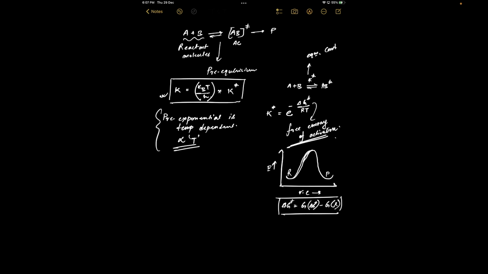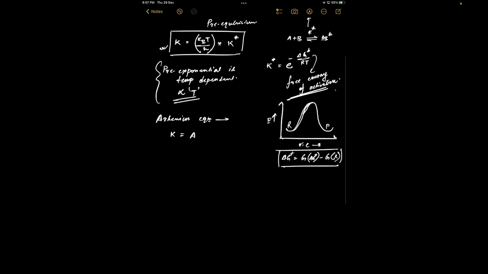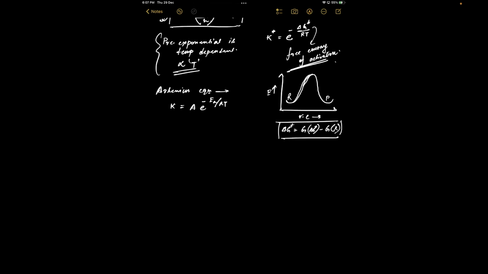We also know there is an empirical relation, the Arrhenius equation. According to the Arrhenius equation, the rate constant of any chemical reaction can be fitted by the expression k equals A times exponential of minus EA divided by RT. Here A is the pre-exponential factor.